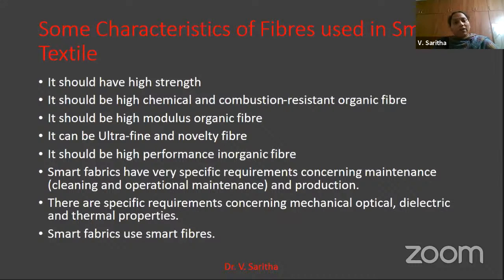Smart fabrics have very specific requirements concerning maintenance and production. So this is very important in the case of smart textiles. Why? Because we generally have a tendency to observe whether maintenance is there for any product we want to buy.